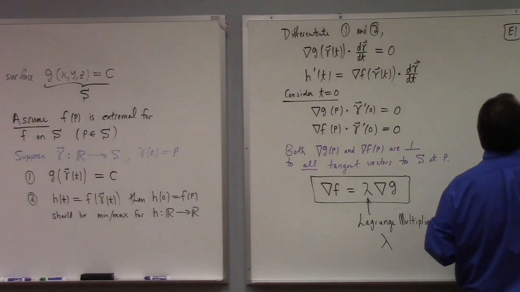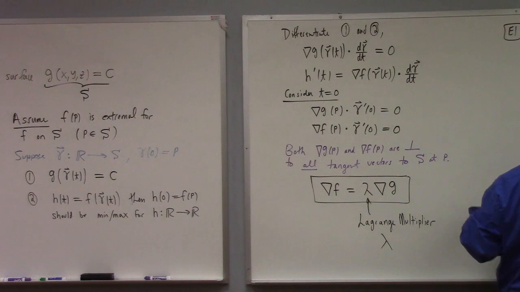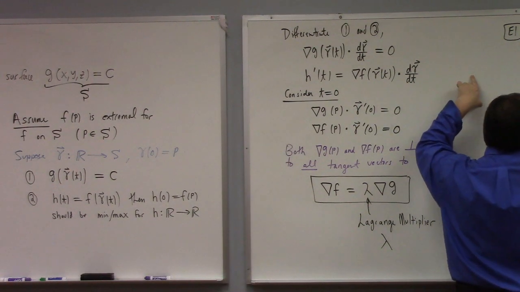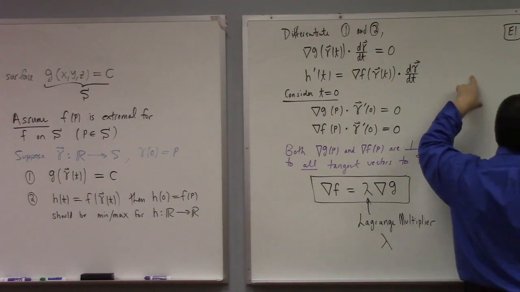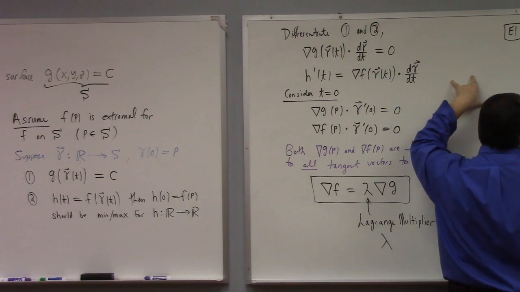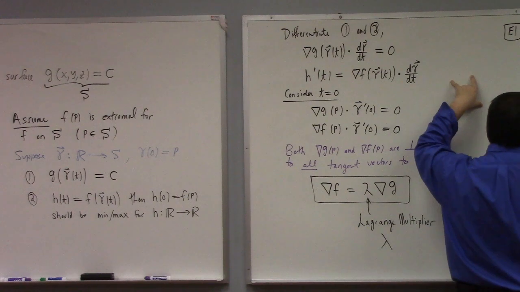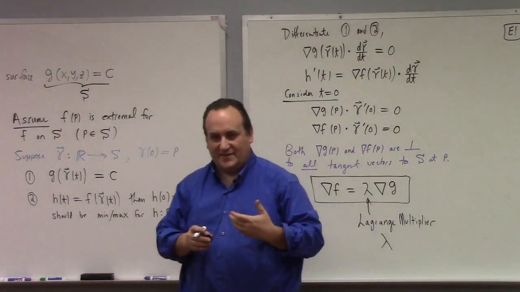So we're going to look at the gradient of f equal to lambda times the gradient of g. Gradient of f is 1, 0. Gradient of g is 2x, 2y. This gives me two equations, namely 1 is 2 lambda x, and 0 is 2 lambda y. Lambda equals 0 is not interesting.